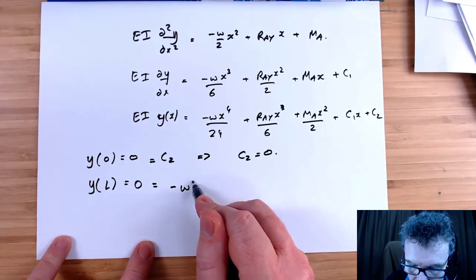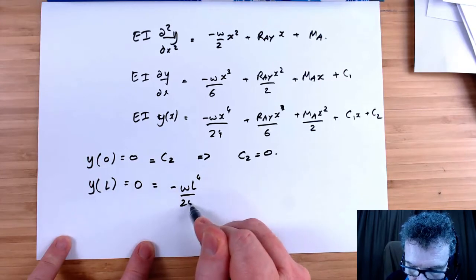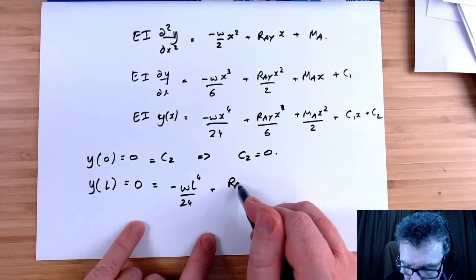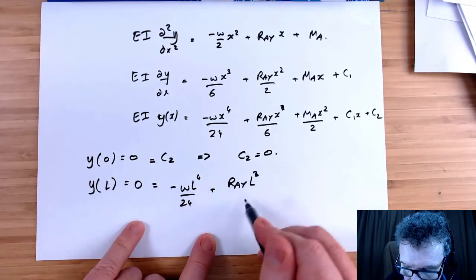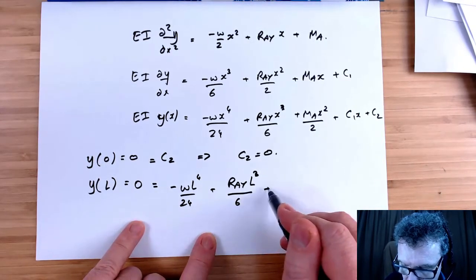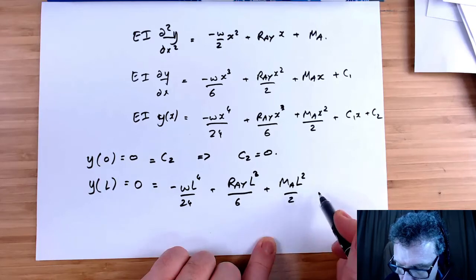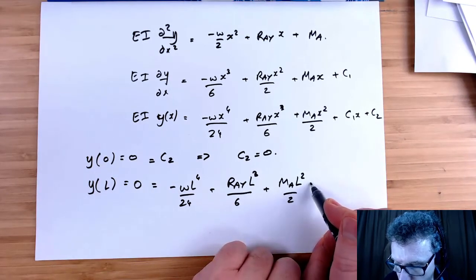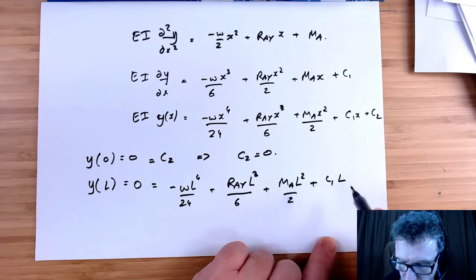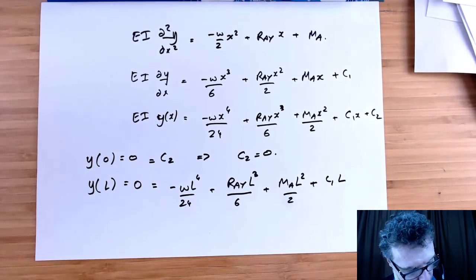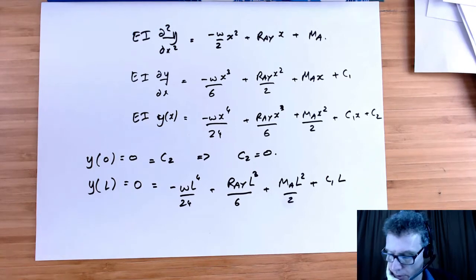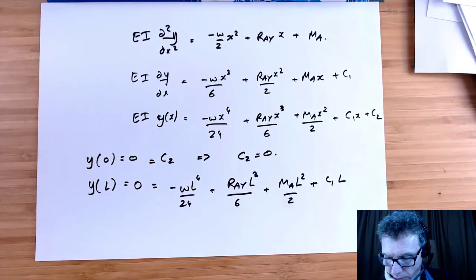Minus little w L to the power 4 over 24 plus RAY L to the power 3 over 6 plus MA L squared over 2 plus C1 times L. A mess, so I'm doing something wrong.